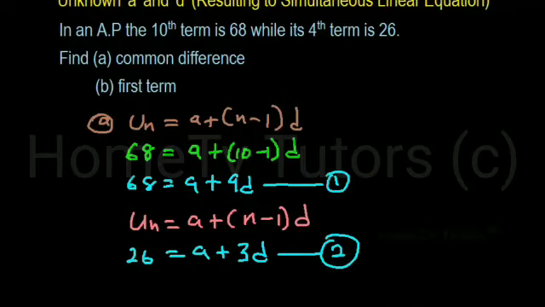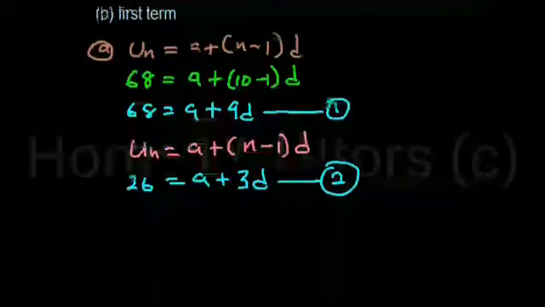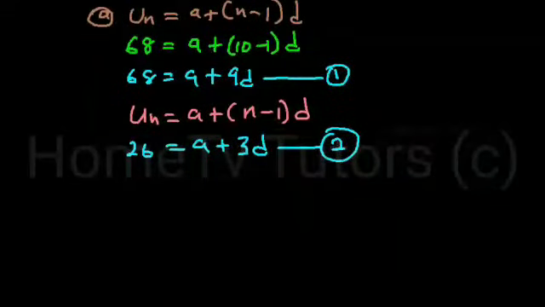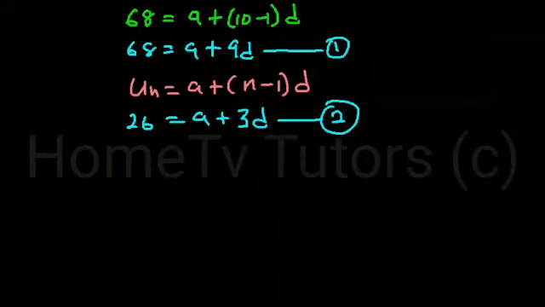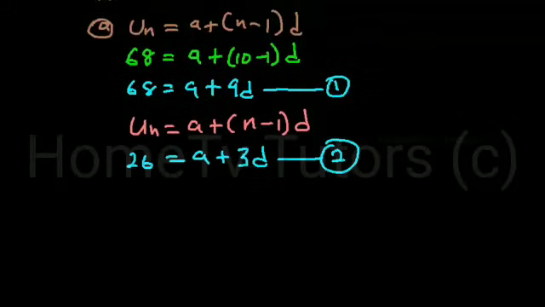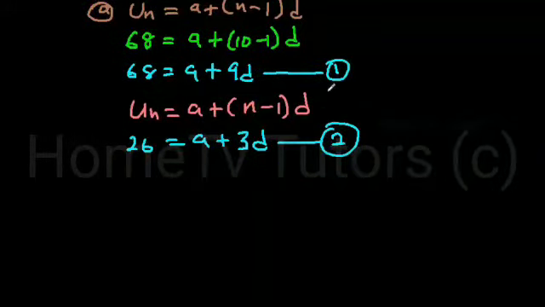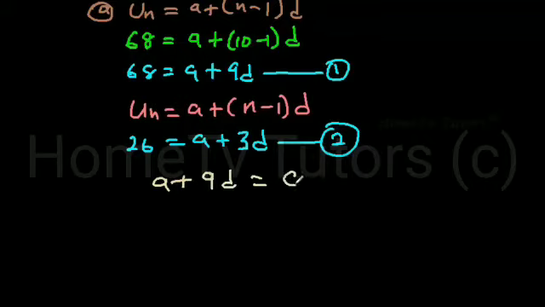So now we are to solve the two equations either by substitution or elimination. But in this case we want to use elimination. So now solving equations 1 and 2, we have a plus 9d equals 68. We write it the other way round.